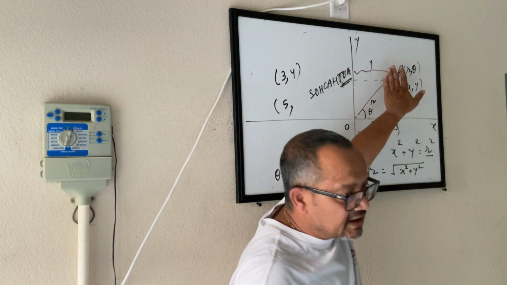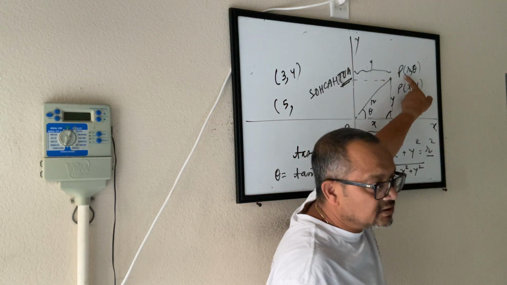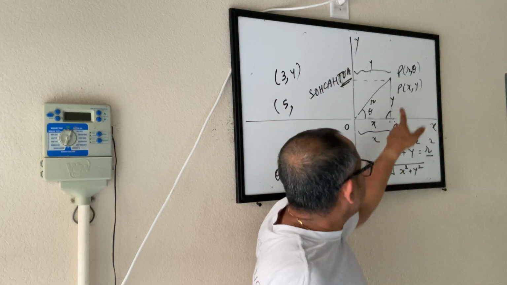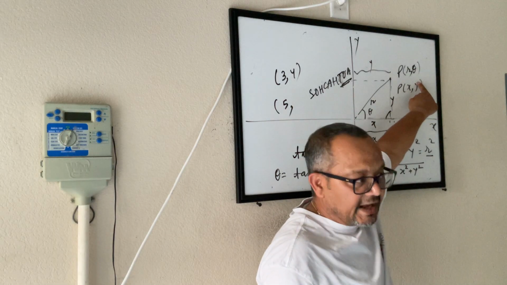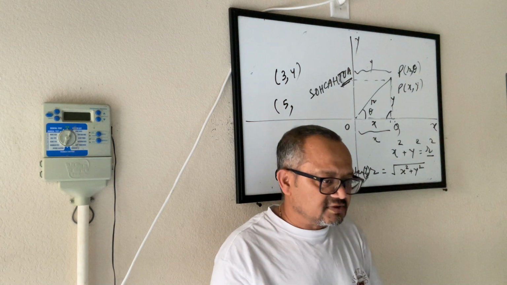And then when you look at it, this is the relationship. If you know the Cartesian coordinate, you can find out the distance r, and you can also find out the angle that it makes with the x-axis, relating that with the basic trigonometry concepts.